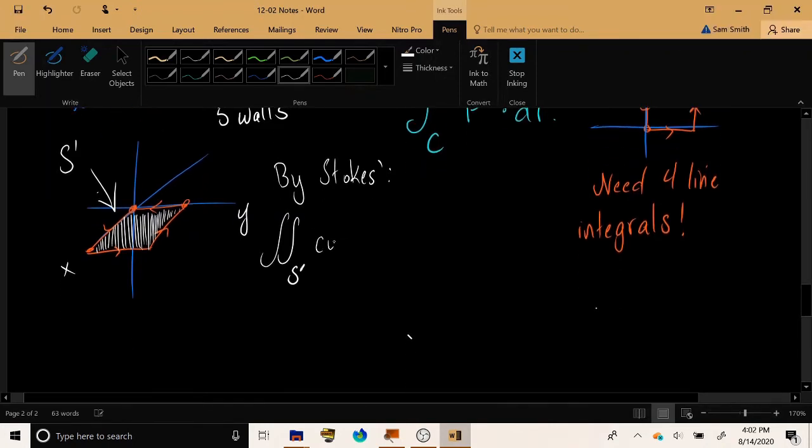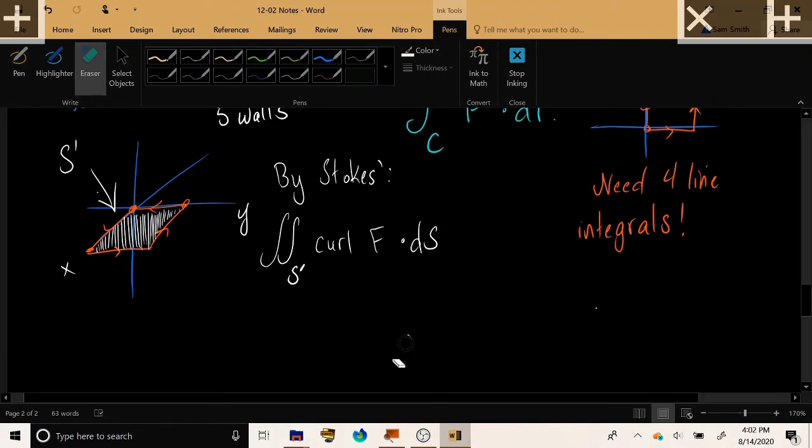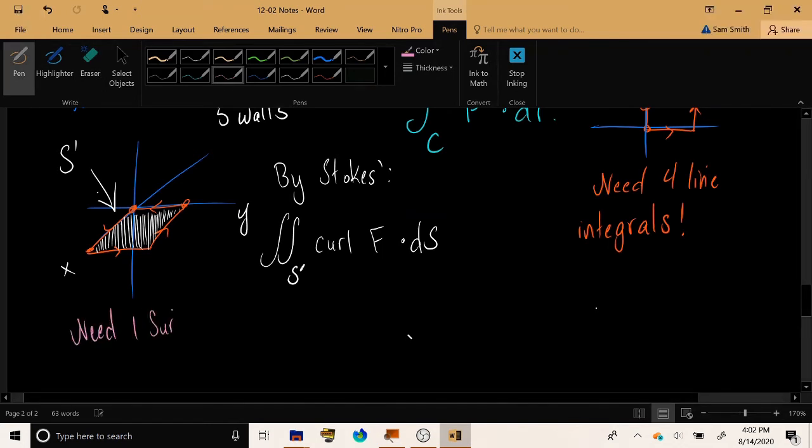So we can calculate the surface integral over the new surface of curl F, and because this surface is smooth and flat and well behaved, we would only need one surface integral using S prime.